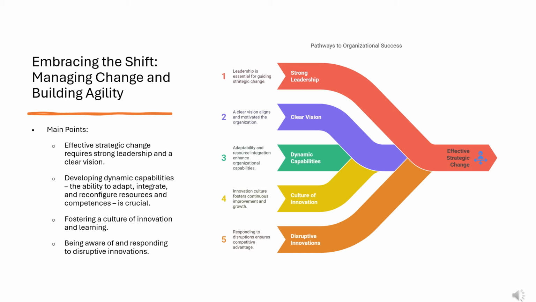The slide introduces the concept of dynamic capabilities, which are the abilities of an organization to integrate, build, and reconfigure internal and external components to address rapidly changing environments. It also highlights the importance of fostering a culture of innovation and continuous learning, as well as being responsive to disruptive innovations that can reshape industries.